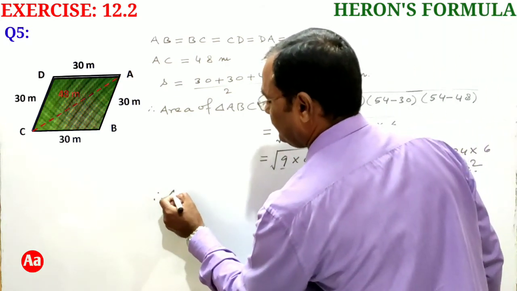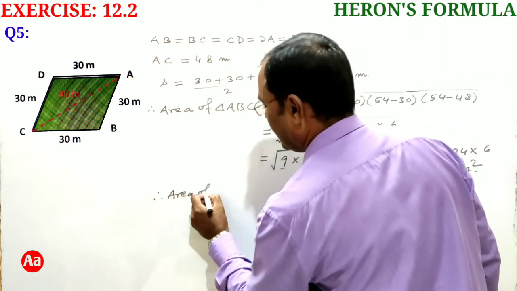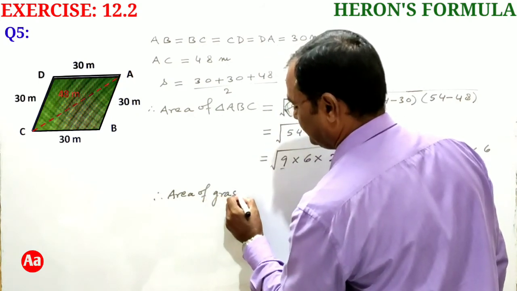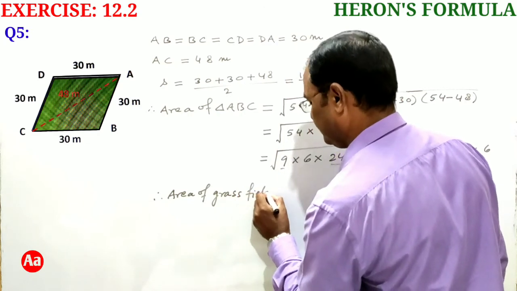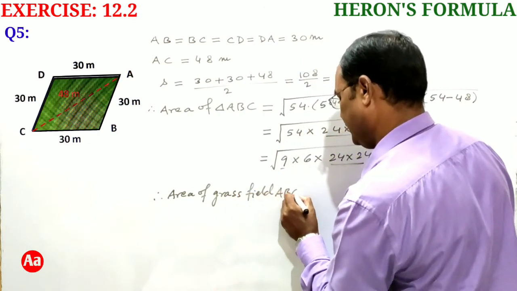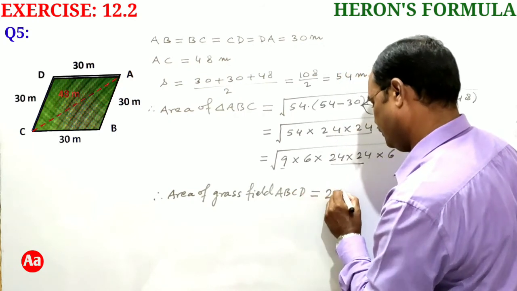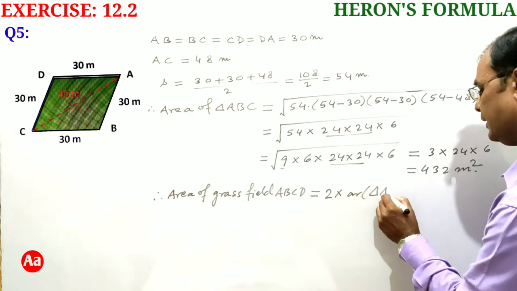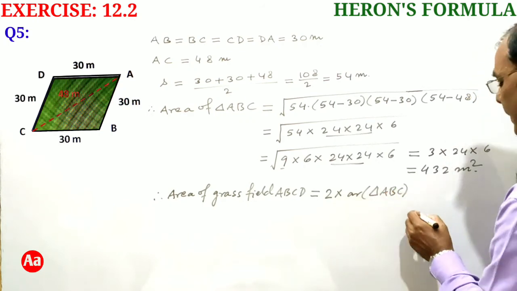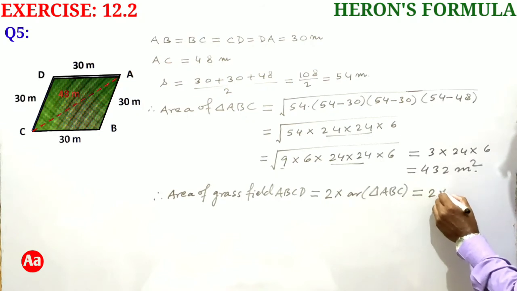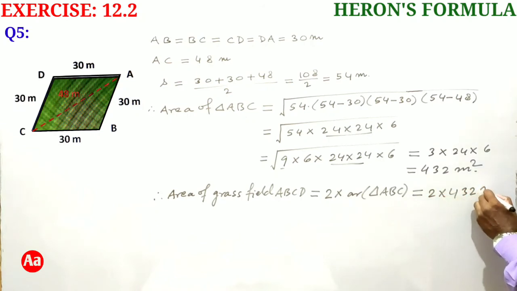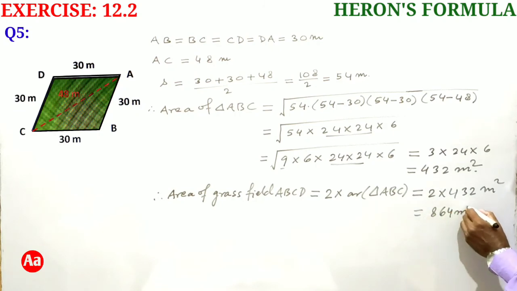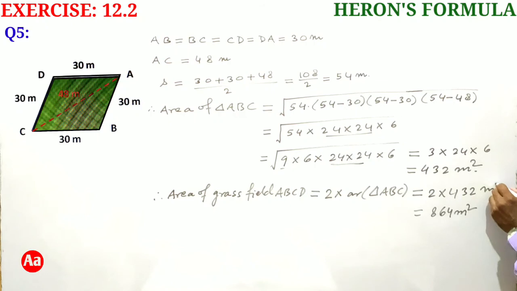Therefore, the area of grass field ABCD is equal to 2 into the area of triangle ABC, and this is equal to 2 into 432 meter square, equal to 864 meter square.